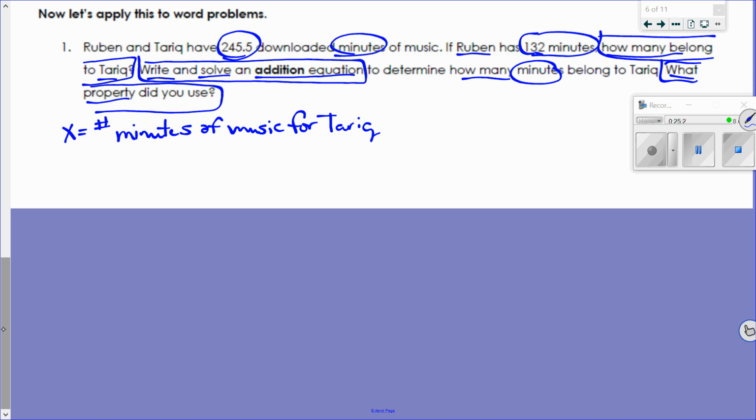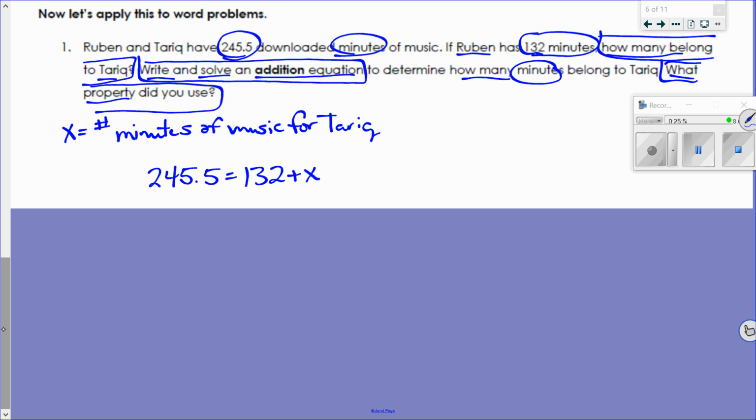Is everybody okay with that? Okay, so now let's do our translation. It says we need an addition equation, right? So it says 245 and 5/10 equals 132 plus x.